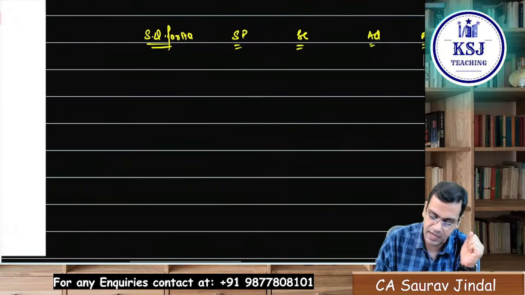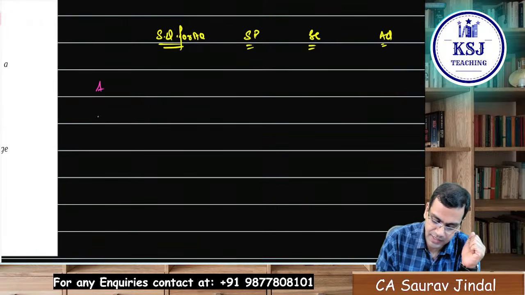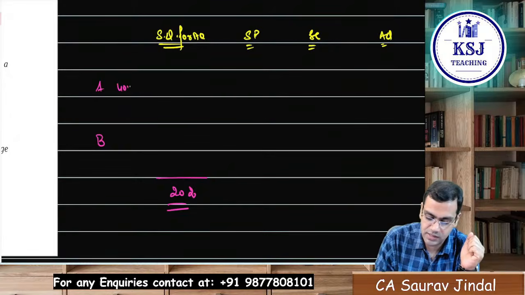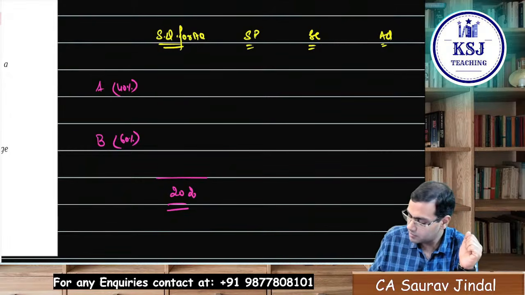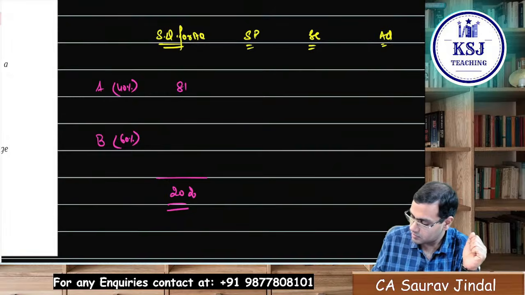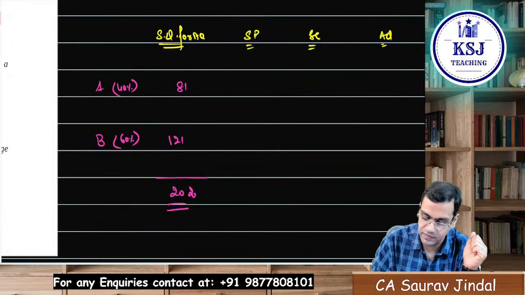So here we have two raw materials being utilized, A and B, right? The total standard quantity is 202. This 202 will be distributed as 40% for A and 60% for B. That will be 81 we will take up here and 121 we will take up here.